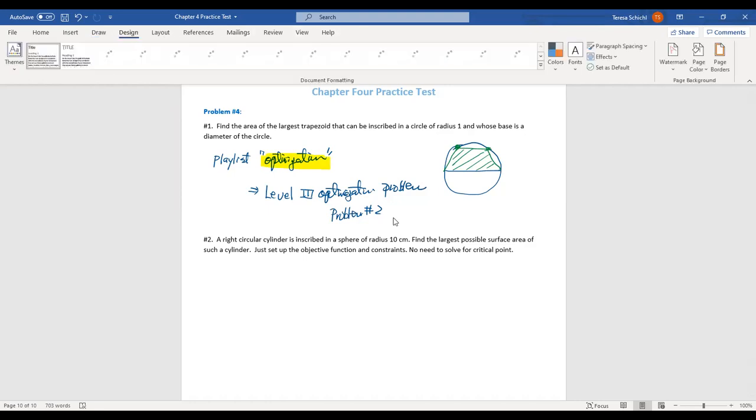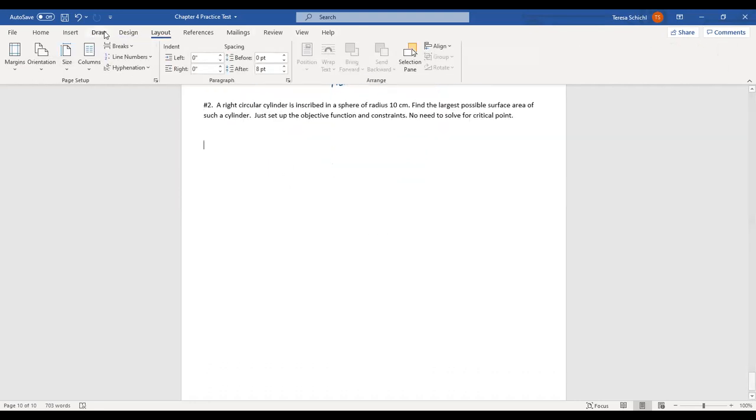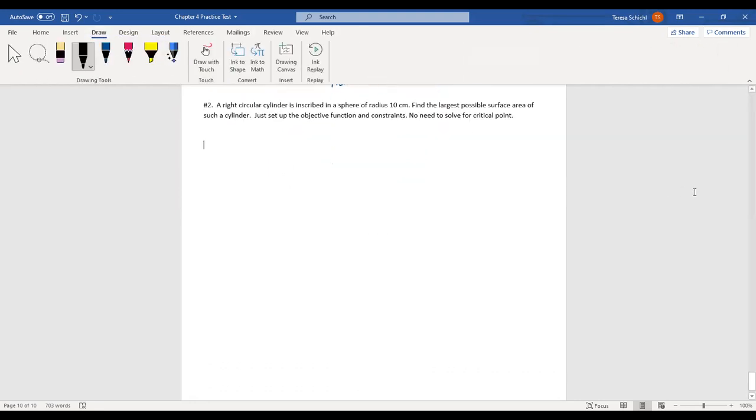Let's take a look at number 2 here. A right circular cylinder is inscribed in a sphere of radius 10 centimeters.